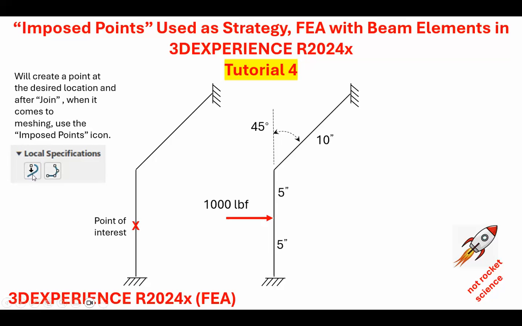Don't forget, you have to join this structure anyways. The advantage of joining the structure is that when you join this line and that line, when you mesh it, both of them are going to mesh at the same time. Also, if you don't join it and you try to do the problem, there's going to be duplicate nodes at this juncture.